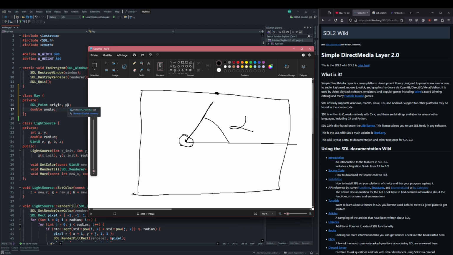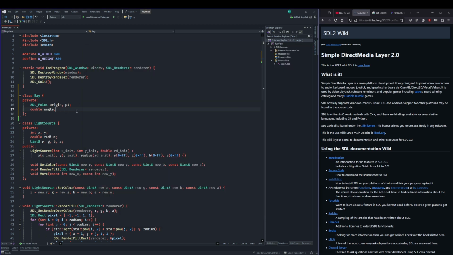When P1 moves, basically the angle is going to change. If P1 goes from here to, I don't know, here, then the angle is going to move to here, and alpha is going to become this value. And so yeah, we are eventually going to write this.